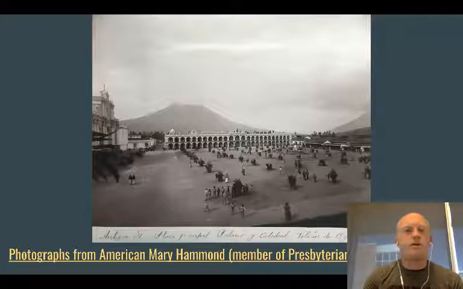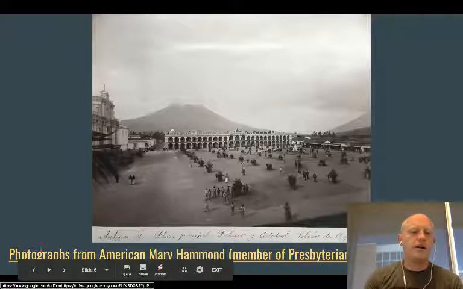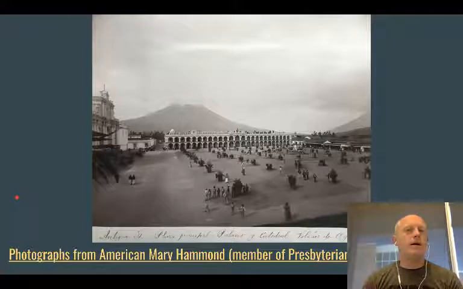All of these photographs were taken between 1883 and 1904. And there are about 80 of them total. I'm going to show you a few of them here, but if you want to look at all of them, just click on the yellow title here, and it will take you to a copy of the entire photograph album.